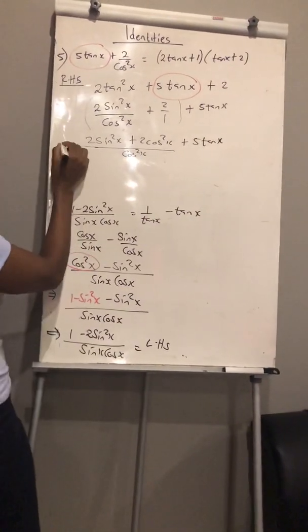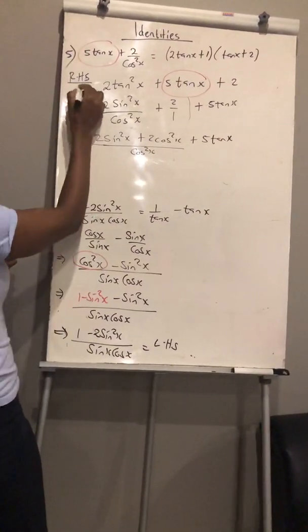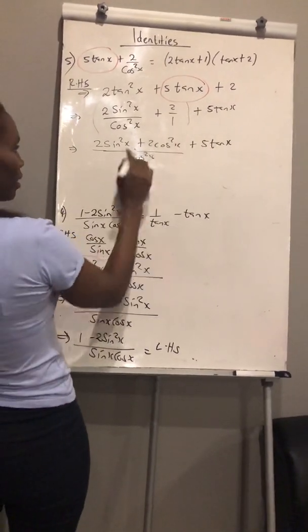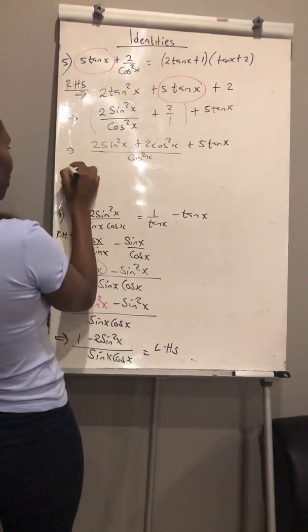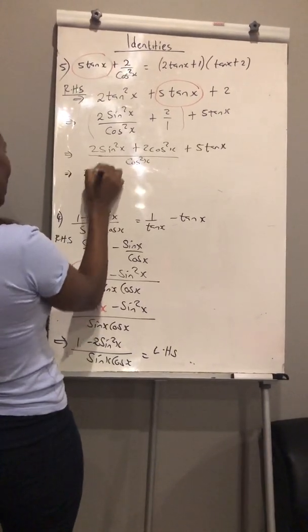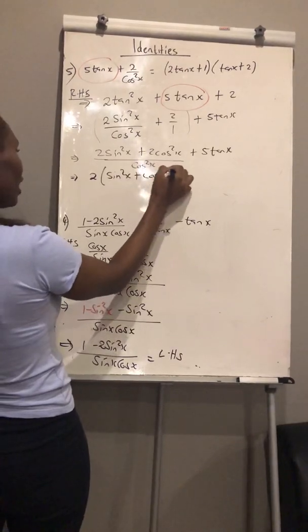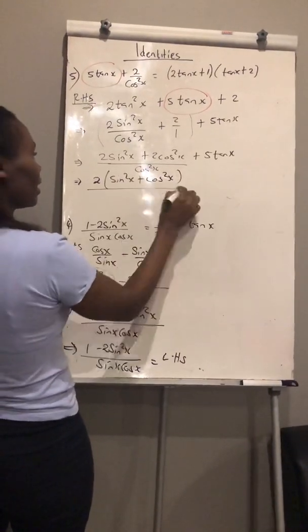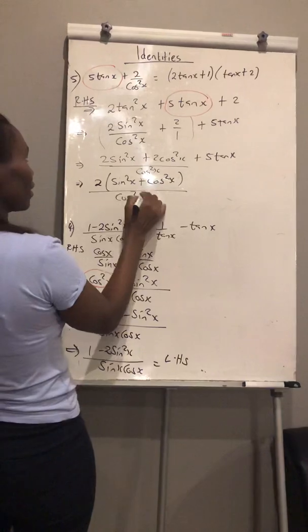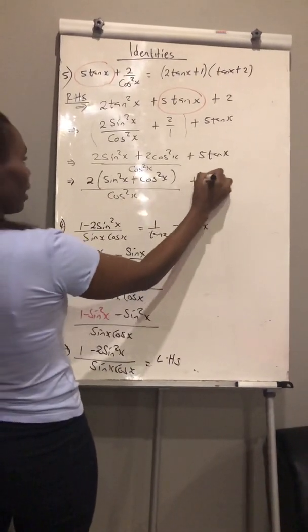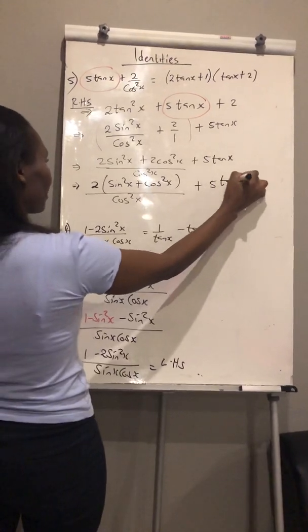We're just carrying on, aren't we? I hope you can see a future from here. Notice on this term here, I can take 2 out on the numerator. Then we'll have sine squared x plus cos squared x left, and cos squared x like this. I got what I want, so I am keeping it safe with me right there.